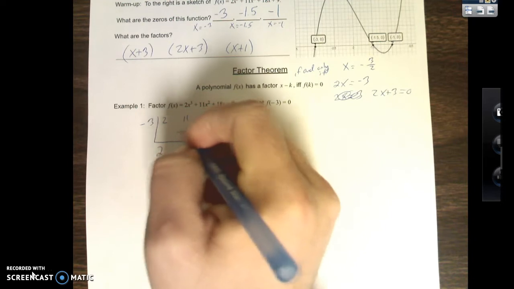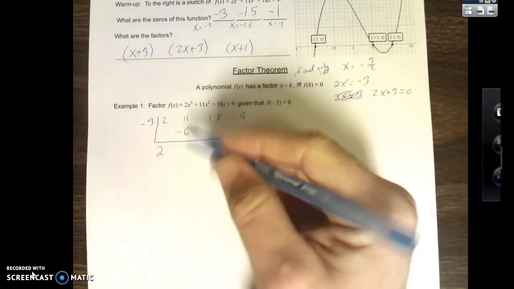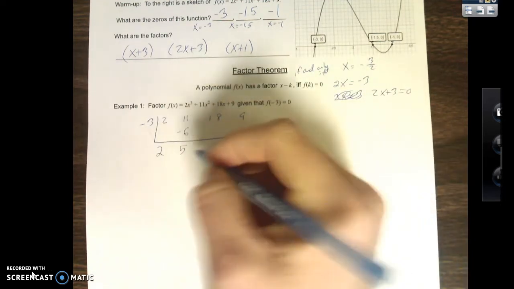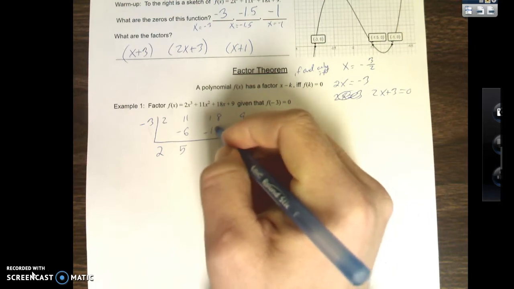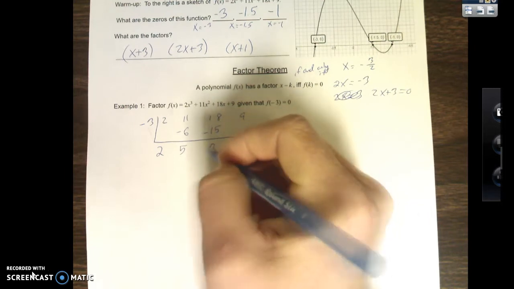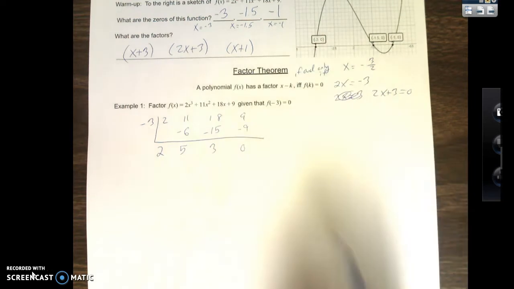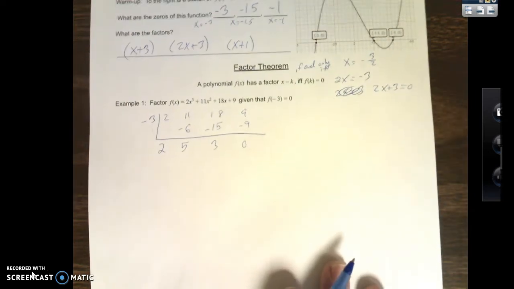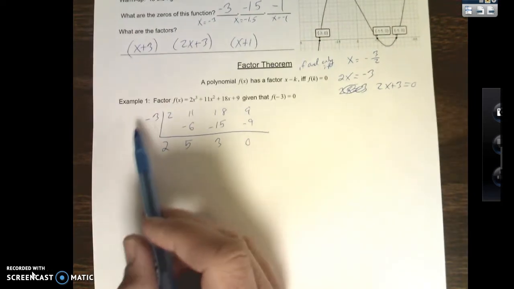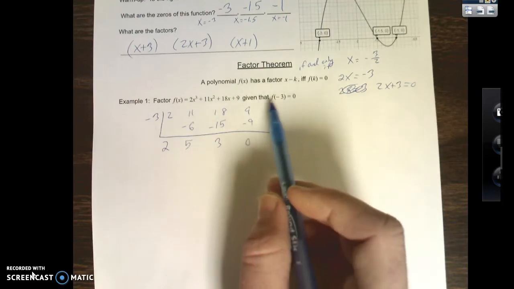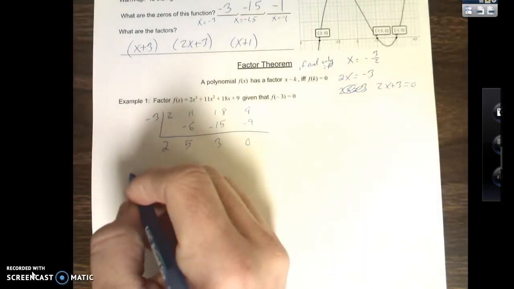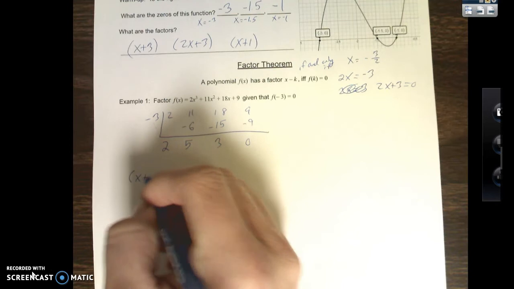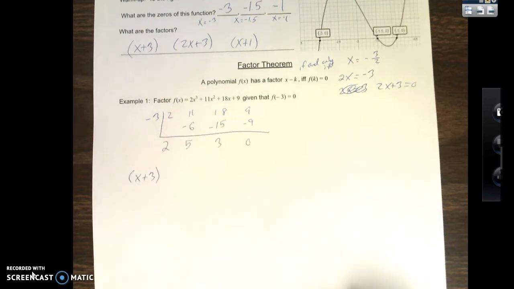So here we go, 2, multiply, add them going down, that's 5, multiply, add them going down, multiply. What we've just done there, see if you guys can follow me, is having an answer of x equals -3. The binomial for that is x plus 3. It's just rewriting it.